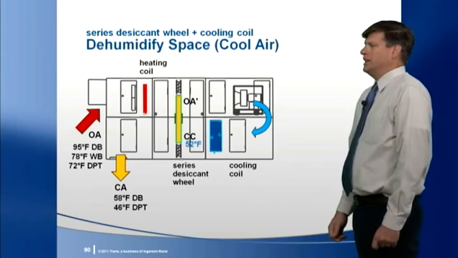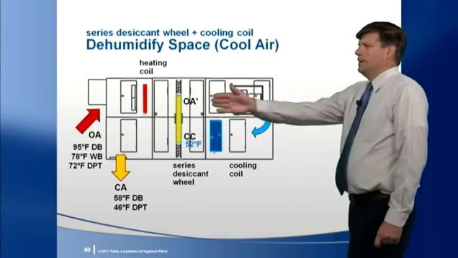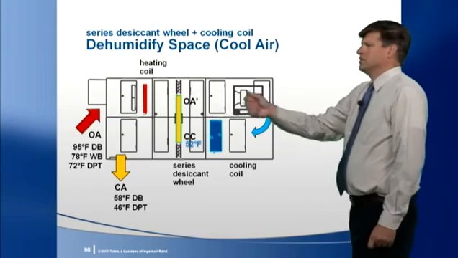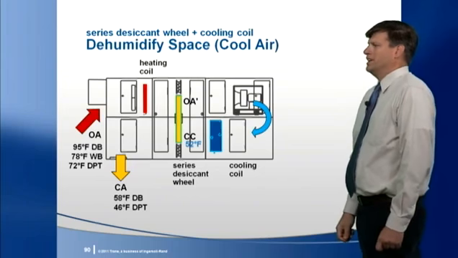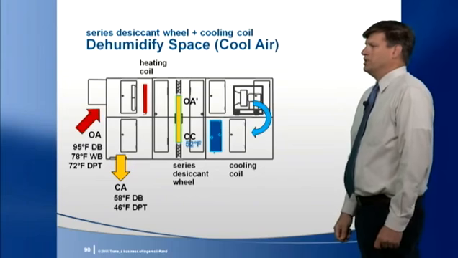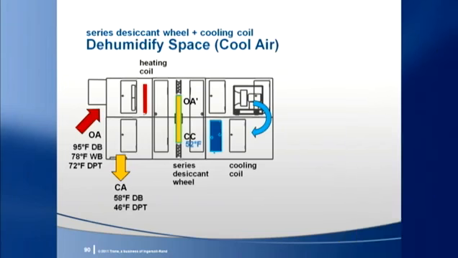As this desiccant wheel rotates, it's regenerated by the entering outdoor air upstream of the cooling coil. Here the desiccant releases the water vapor into the airstream, raising its dew point temperature before it passes through the cooling coil. The cooling coil modulates to maintain the desired leaving air dew point. As entering outdoor air conditions vary, the leaving air dry bulb temperature may fluctuate a few degrees. But since there is a separate sensible equipment to cool or heat the space, this is usually not an issue.